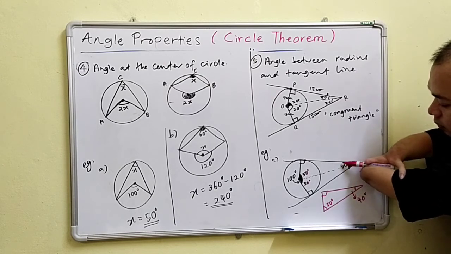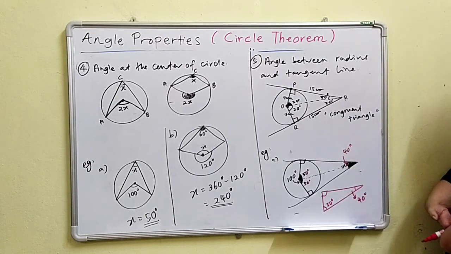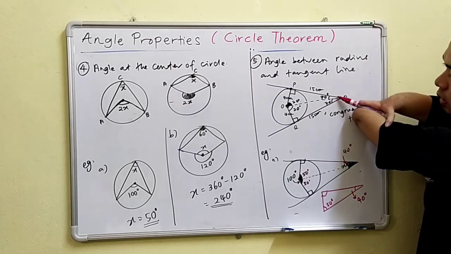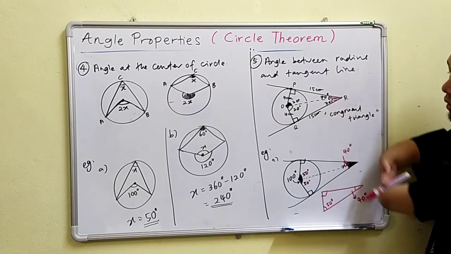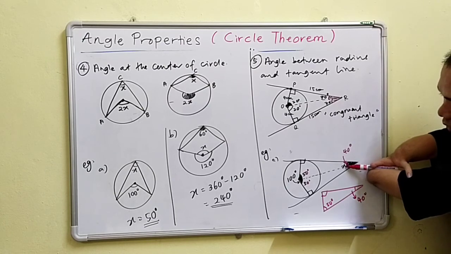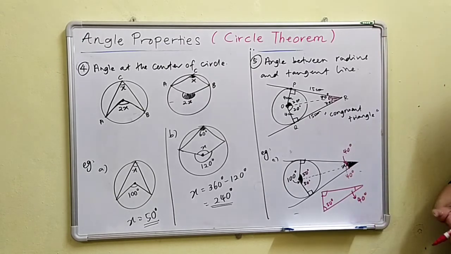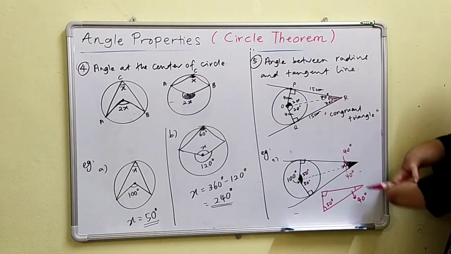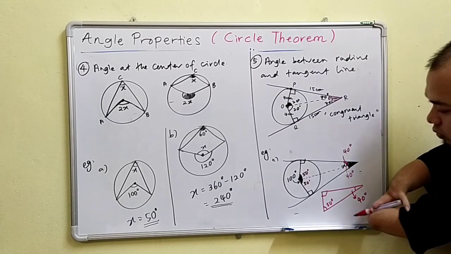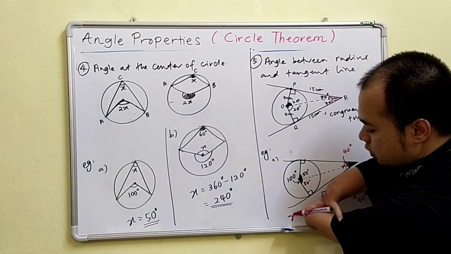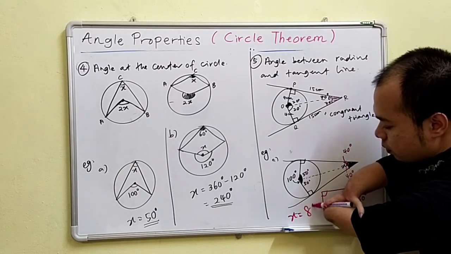Since we know that they are congruent, if the angle here is 70, here also must be 70. So if here is 40, below here also must be 40. Then what is the answer for the angle x? 40 plus 40 is equal to 80 degree.